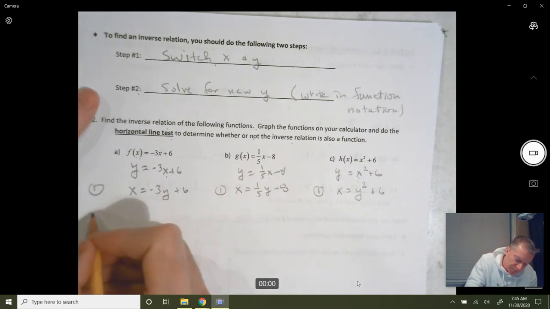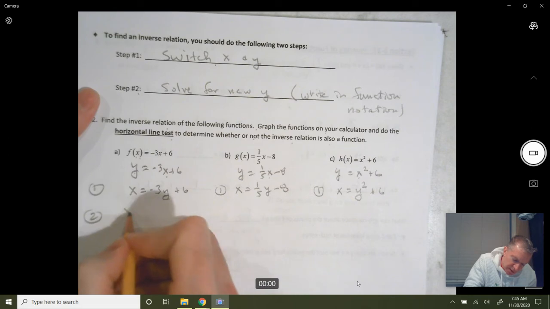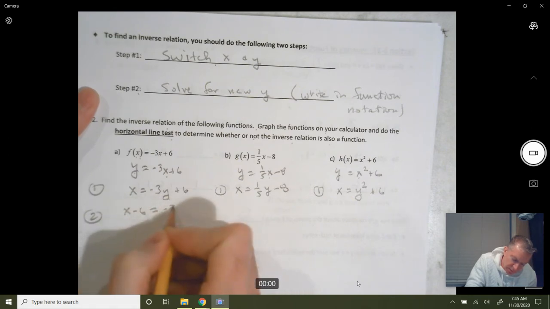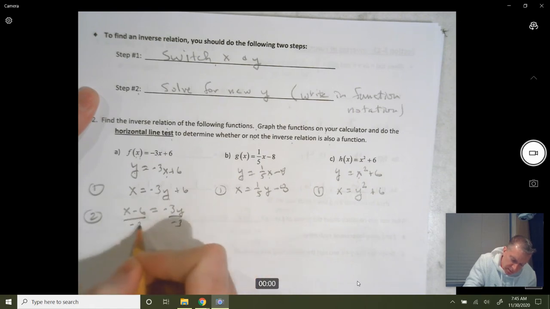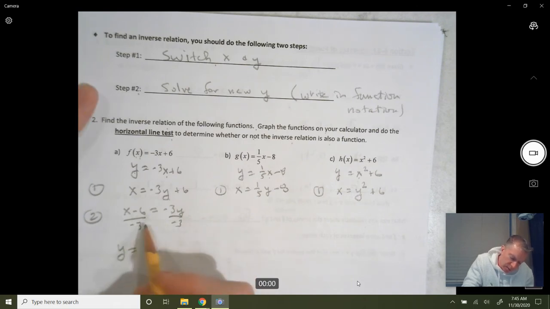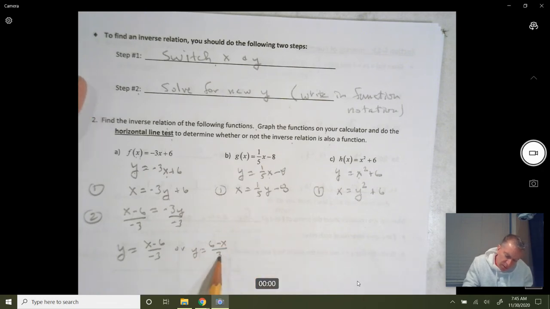Okay, step two, you have to get that y by itself. So x minus 6 equals negative 3y. Divide by negative 3. So we get y equals, and we could do x minus 6 over negative 3, or you could say y equals 6 minus x over positive 3, which is making that negative, multiplied by negative 1 over negative 1.